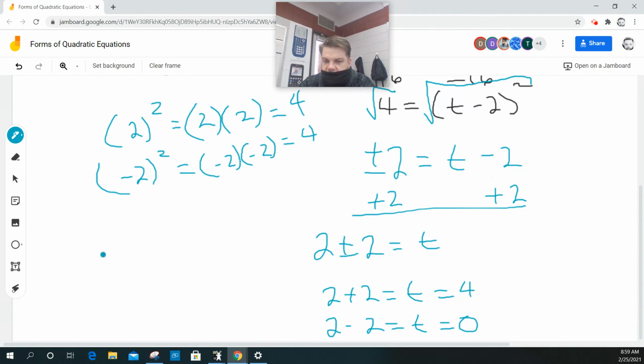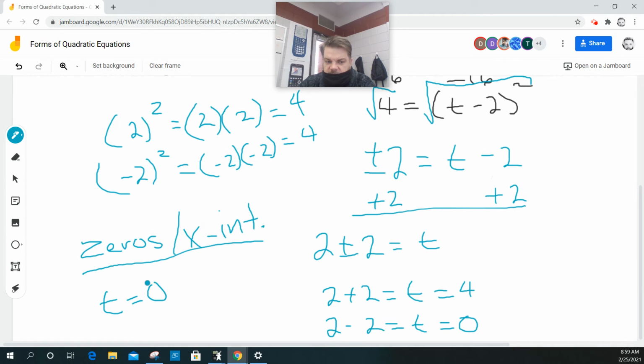So that means my zeros are, and remember, zeros is another word for x-intercepts. Those occur when y equals 0. They occur when t equals 0 and t equals 4.